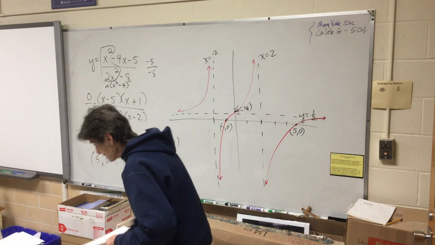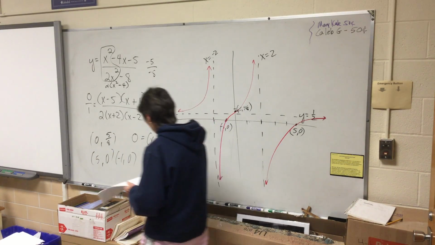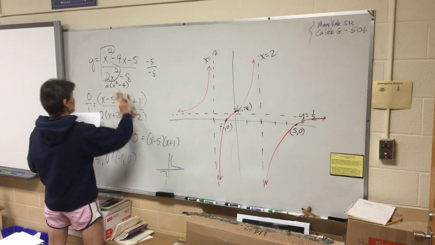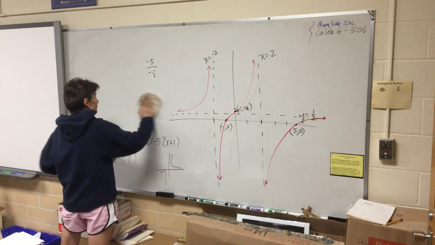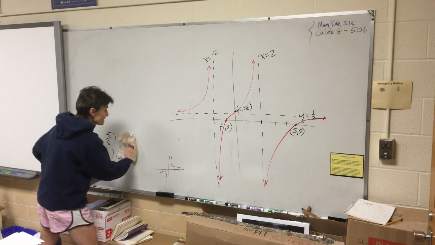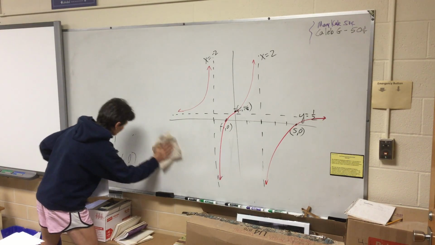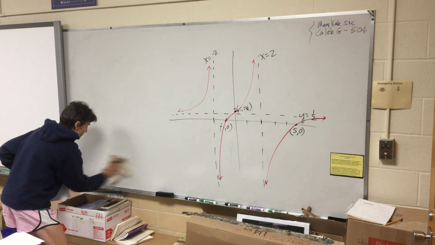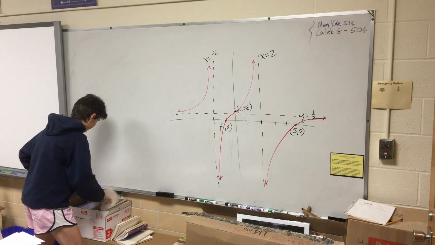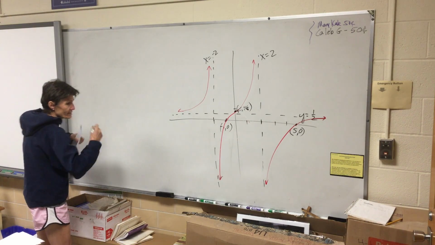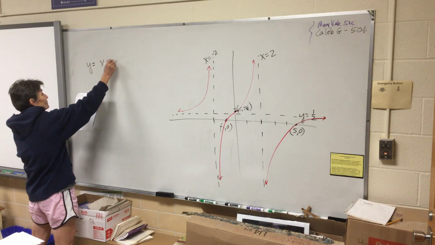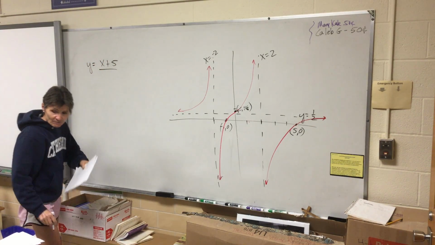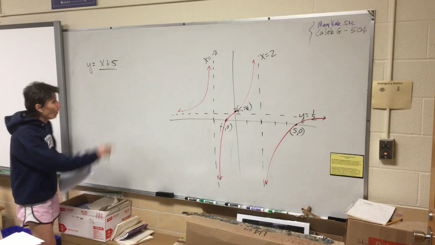Because now we're going to tackle the next one, which looks very similar. So how do we start? Oh guys, come on now. How do we start? Find your asymptotes. And we find our asymptotes by doing what to the bottom?